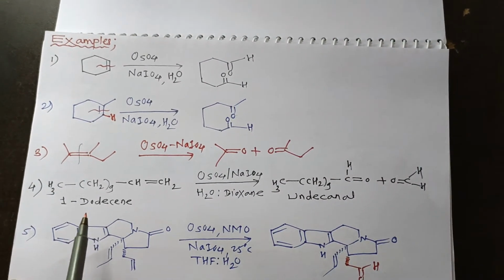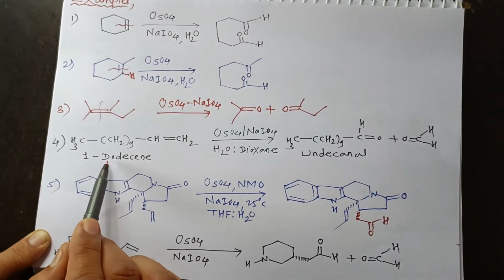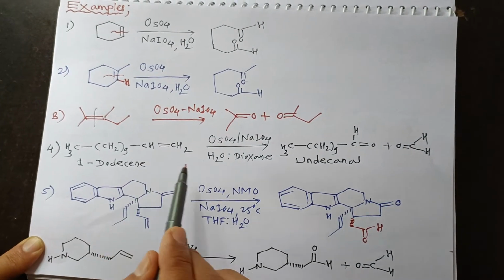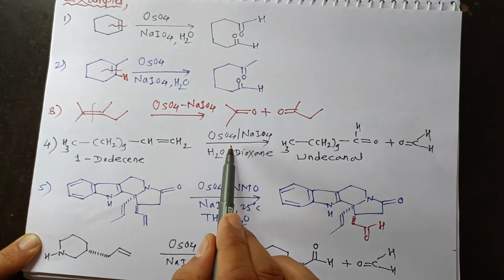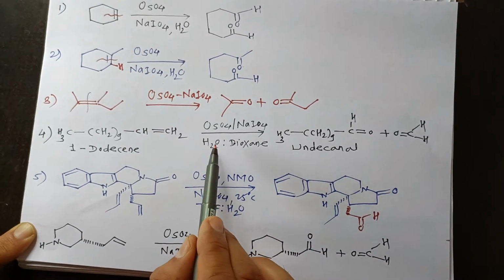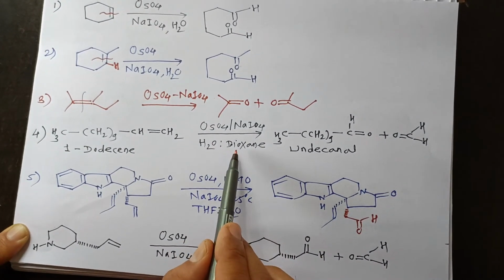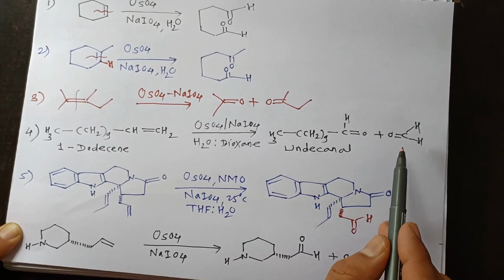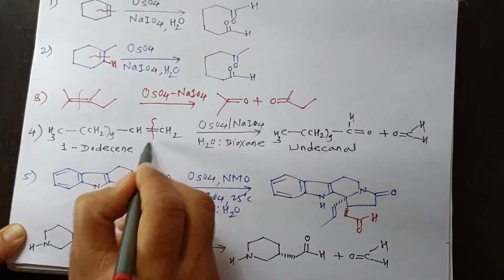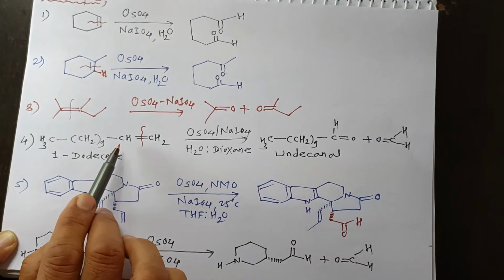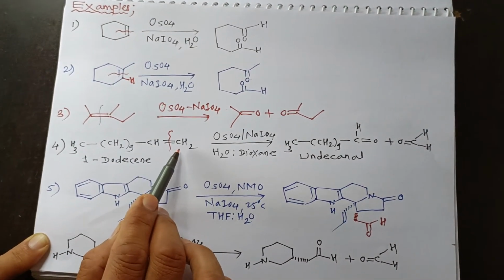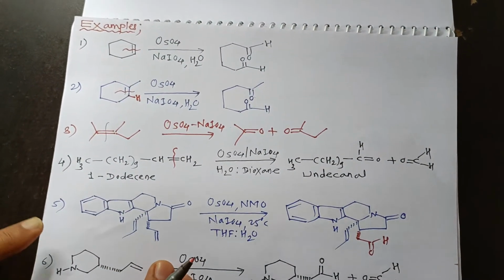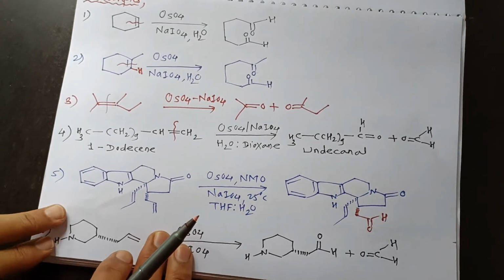Look at the next example. This is 1-dodecene. It undergoes oxidation with osmium tetroxide, NaIO4 in a water-dioxane solvent system, and there is formation of undecanal and formaldehyde. So here this bond undergoes cleavage. It forms one aldehyde and it forms a second aldehyde. Look at the next example here.